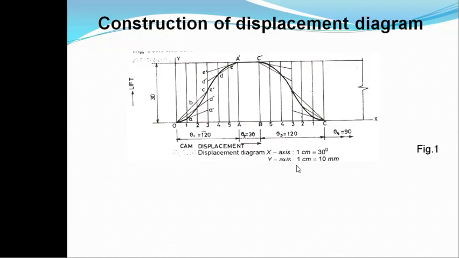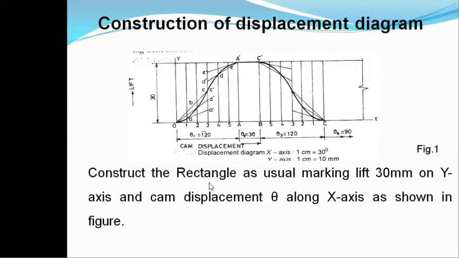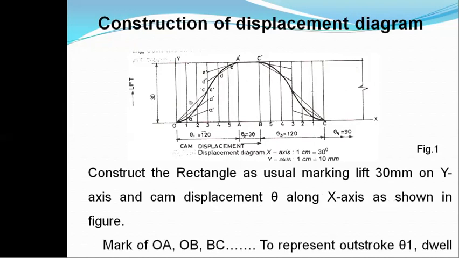So let us see the procedure. Construct a rectangle as usual, marking lift 30 mm on the y-axis and cam displacement theta along the x-axis as shown in the figure. Mark OA, AB, BC to represent the outstroke theta 1, dwell theta 2, and instroke theta 3, and dwell for the rest of the period.